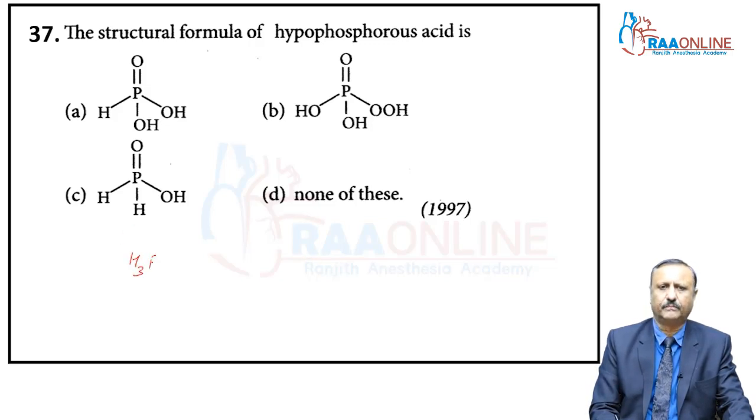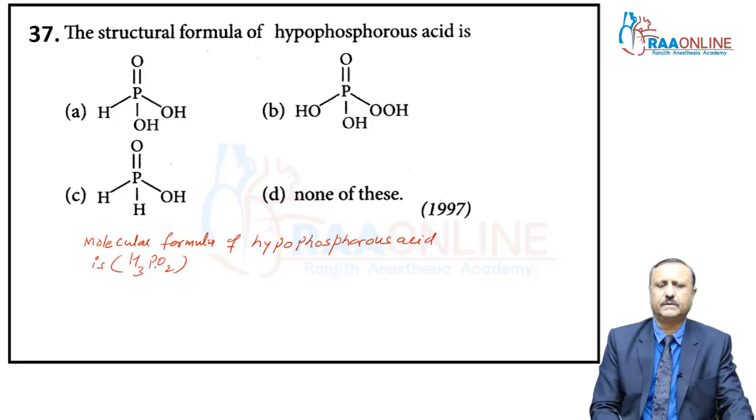The formula is H3PO2. The molecular formula of hypophosphorus acid is H3PO2.